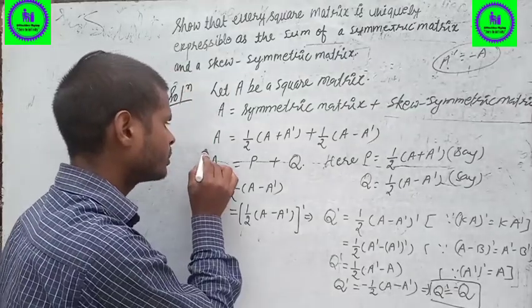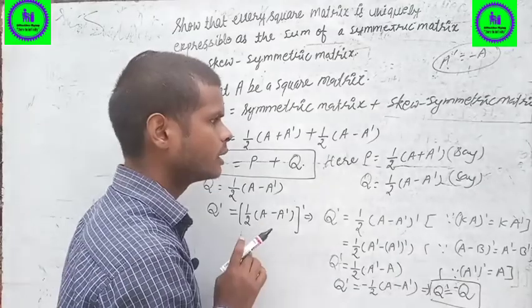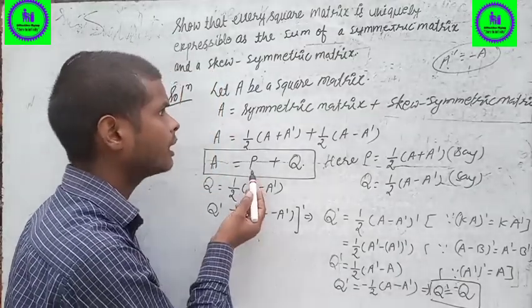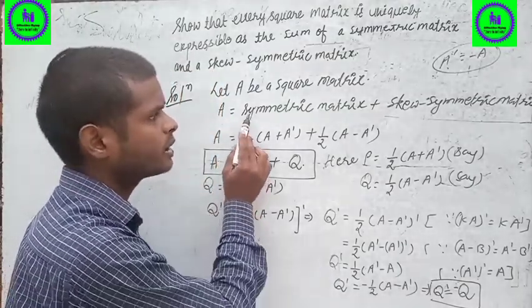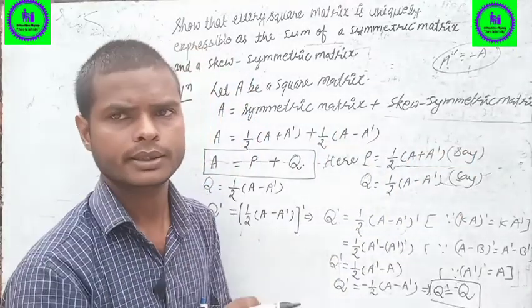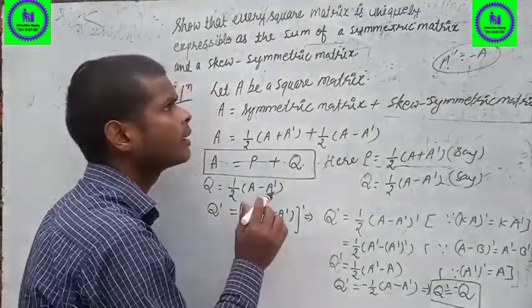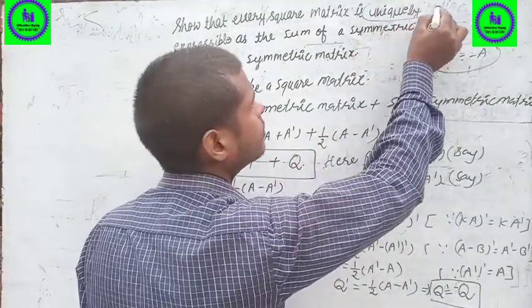So the representation of A is equal to P plus Q, a sum of a symmetric matrix and a skew symmetric matrix. It is clear?